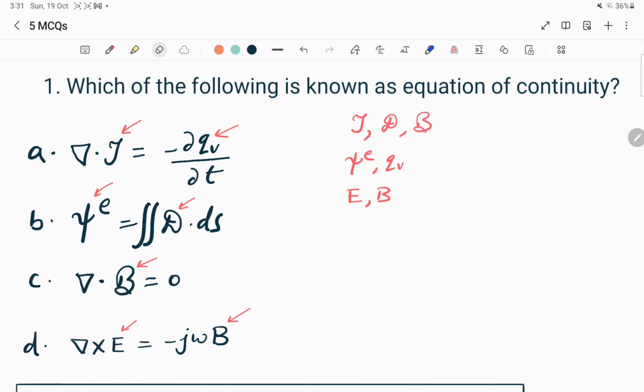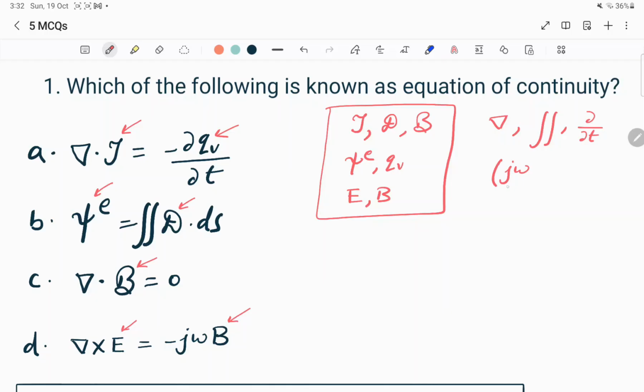Okay, so if you see in this equation, these are some of the important points that you should notice. Next thing that you should notice is that there is a differential operator del, and there is an integral operator, and there is a partial derivative with respect to time. Okay, and also there is a j omega term present. All right, okay, so these 3 field quantities are written in scripted form.